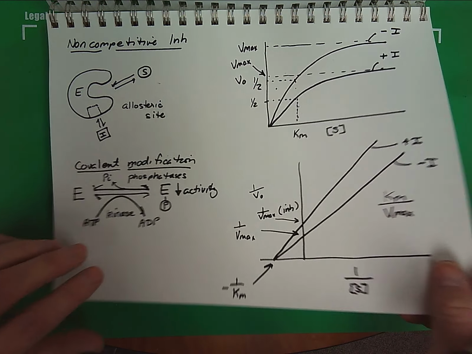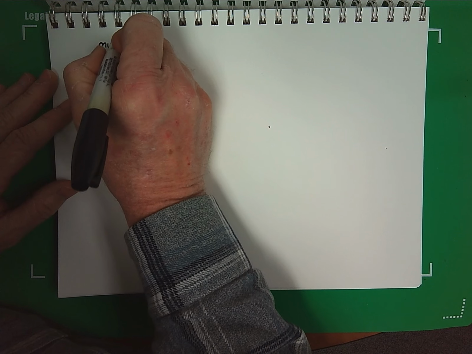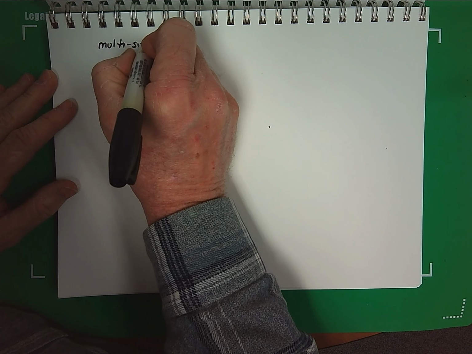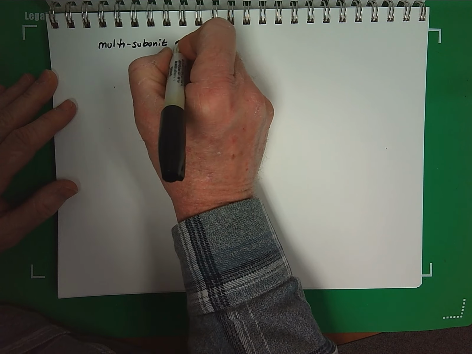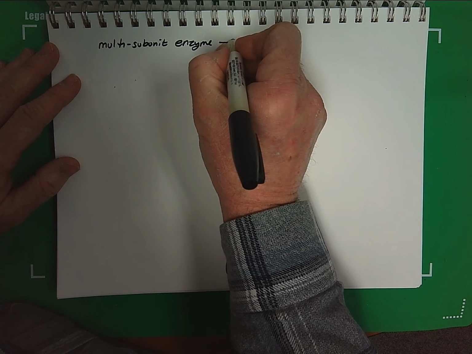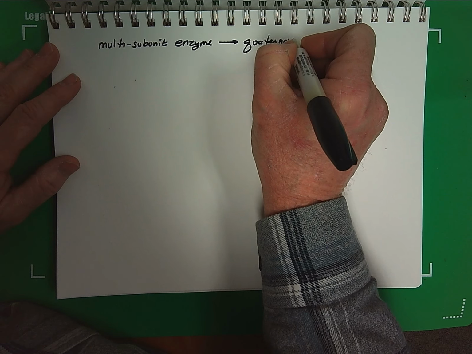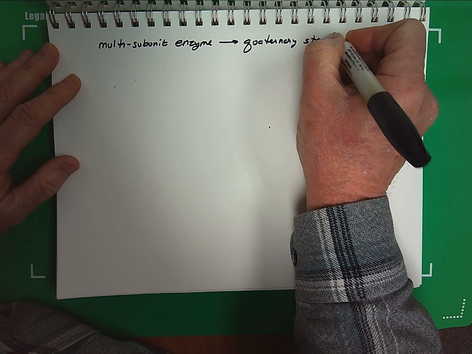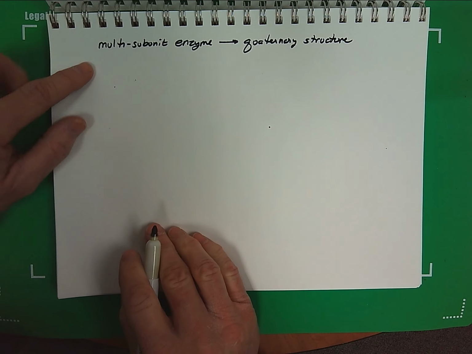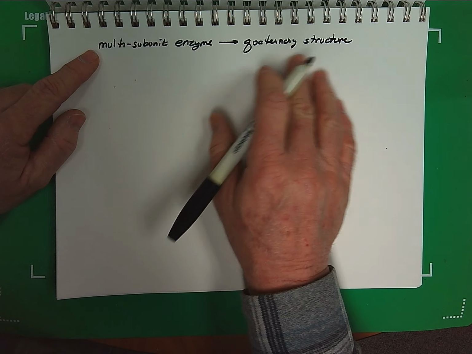Now there's one more type of regulation, and this concerns a different type of enzyme structure. This is a multi-subunit enzyme. So recall in our protein structure, this is a protein that has quaternary structure. So it is not a single enzyme subunit, not a single polypeptide, but multiple polypeptides that come together to form quaternary structure.